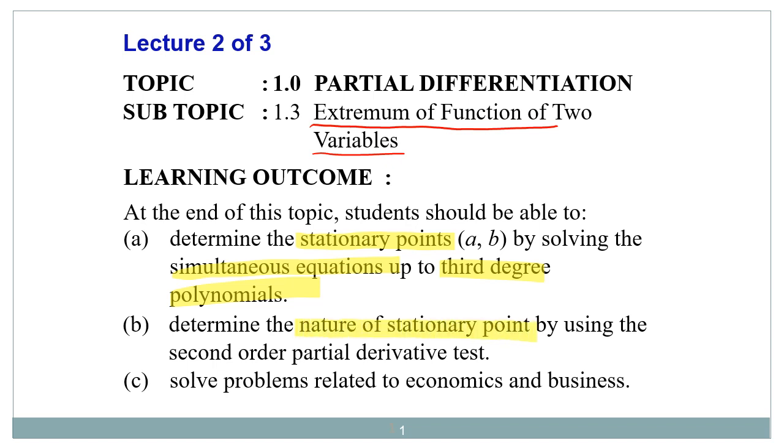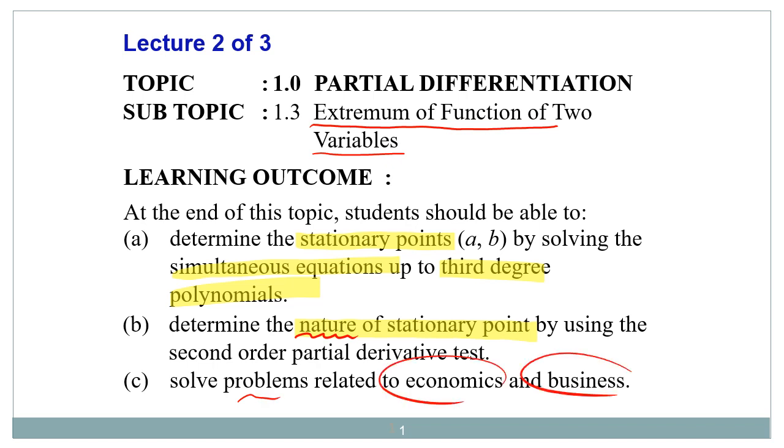So we find out what the stationary point is, and then we need to determine the nature, by using the second order partial derivative test, the same as in the topic of differentiation. And lastly, we are going to solve problems related to economics and business.